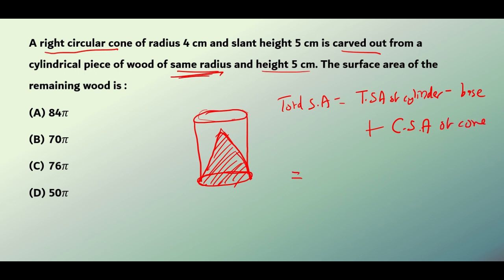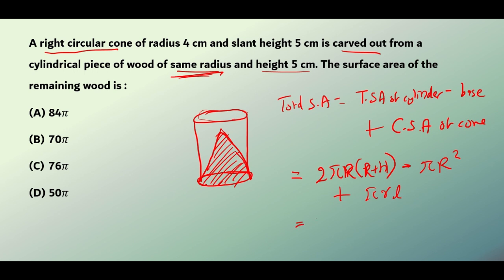Now the TSA, total surface area of cylinder, would be equal to 2 pi R into R plus H, let's put it in capital letters since it's the cylinder, minus the base, which is pi r squared, plus the CSA of the cone, which is equal to pi r l.